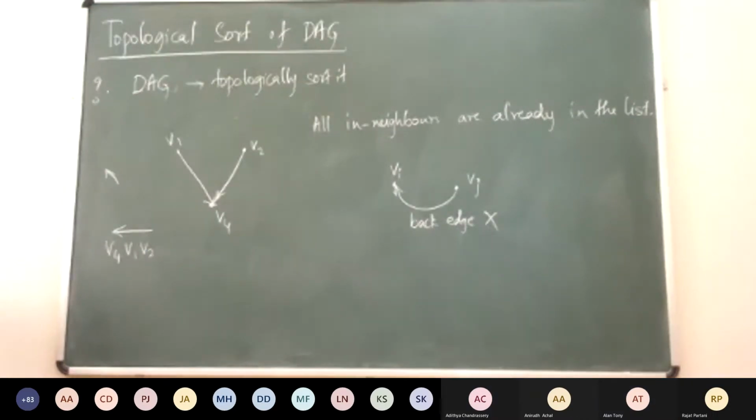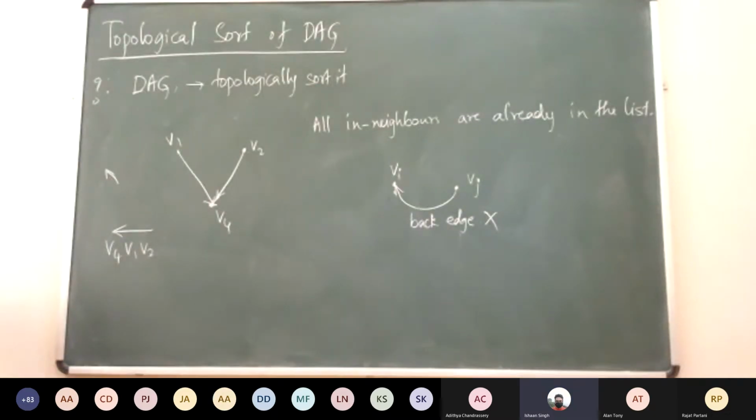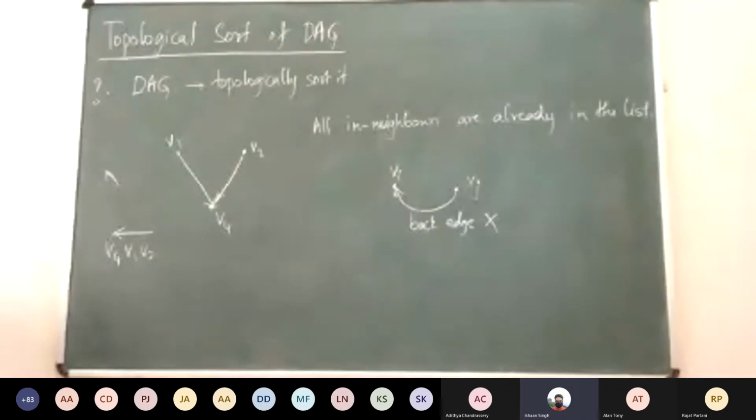Yes, Aditya. This problem also looks like BFS with one extra condition: before marking any vertex as visited, we check if its immediate parents are visited also. Then we could just do a breadth first search normally with that one extra condition.